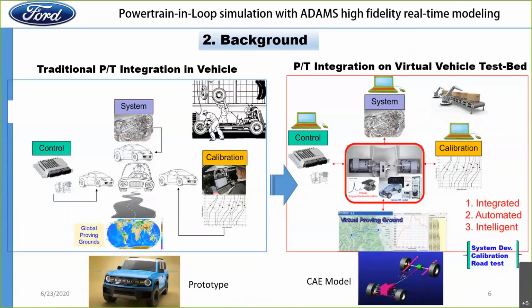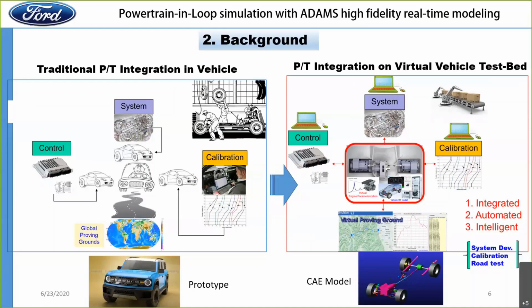Our traditional powertrain integration in the vehicle follows the V process. We use the real vehicle to do all these tests. When we do system verification and verify control, we need a vehicle. For system verification, we need a vehicle. For calibration, we also need a vehicle.